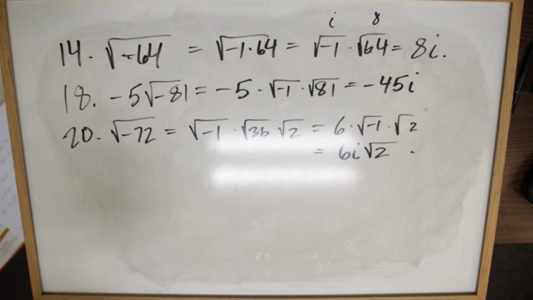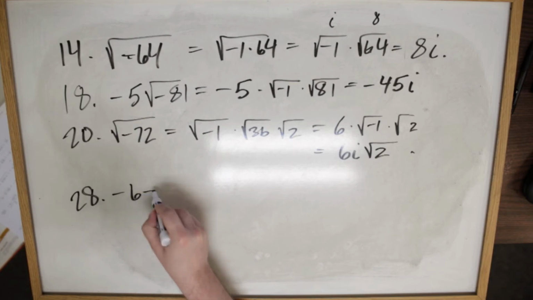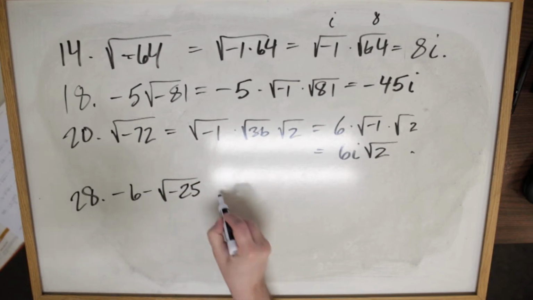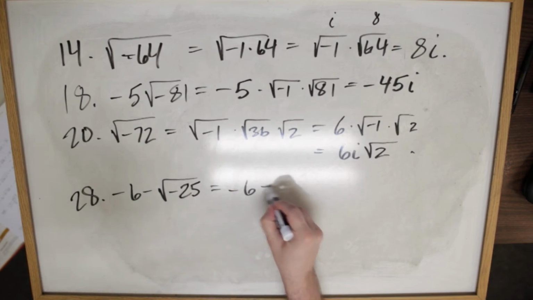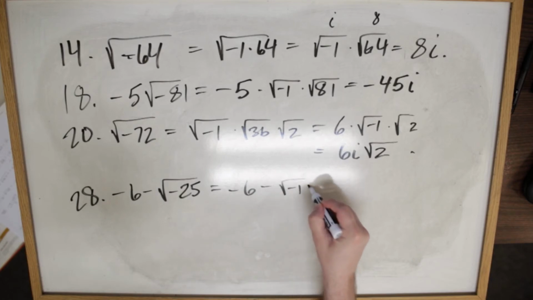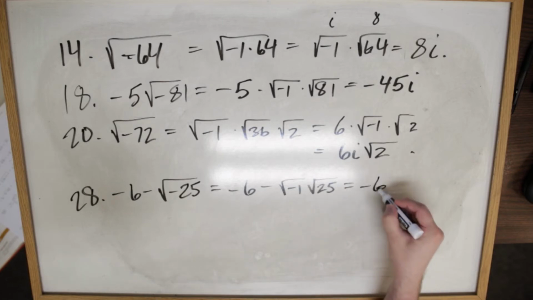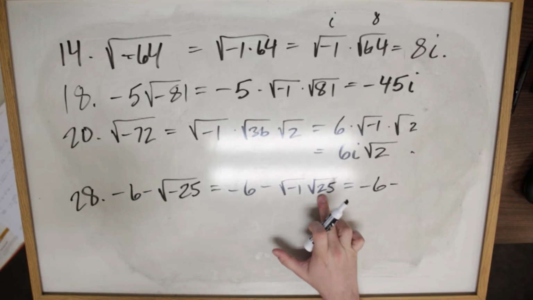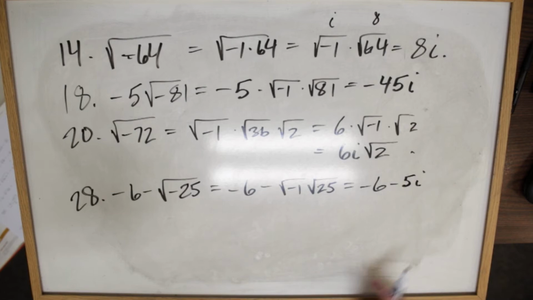All right, now we need to put these in standard form. So question 28, minus 6 minus the square root of negative 25. This is the same as minus 6 minus the square root of minus 1 times the square root of 25, which is equal to minus 6 minus, the square root of 25 is 5, and this is i, 5i.